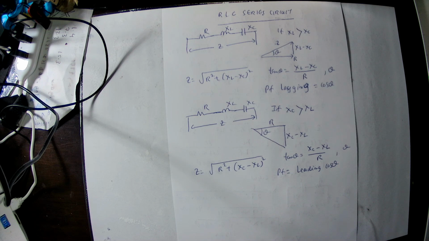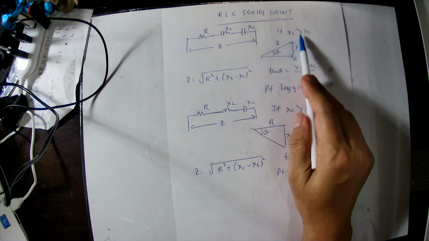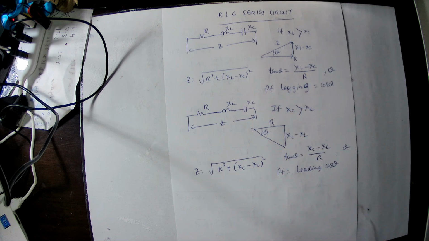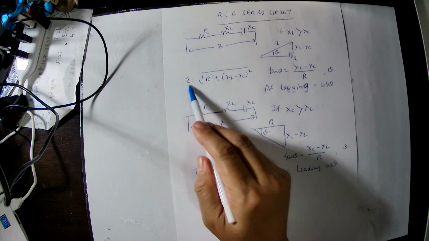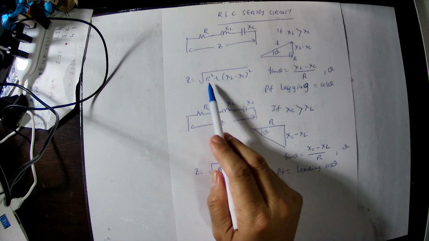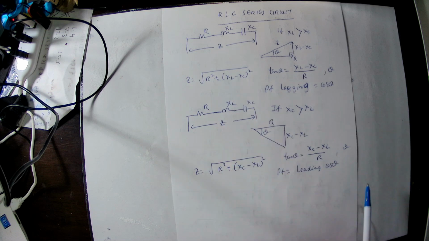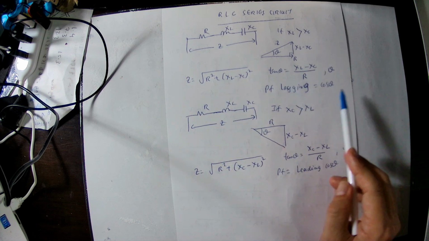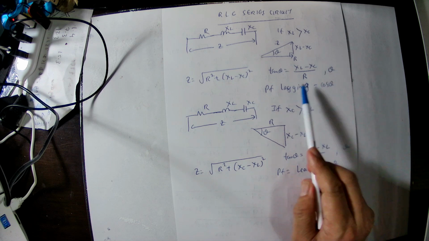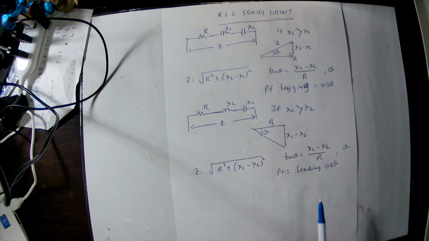The first situation is where inductive reactance is greater than capacitive reactance. In this case we can draw the vector diagram like this. Then the equation is Z equal to square root of R squared plus XL minus XC the whole squared. Tangent theta equal to XL minus XC by R. Then from here you find out theta, and the lagging power factor is cos theta.